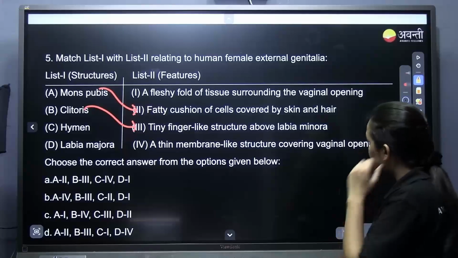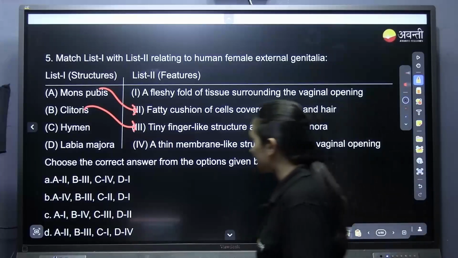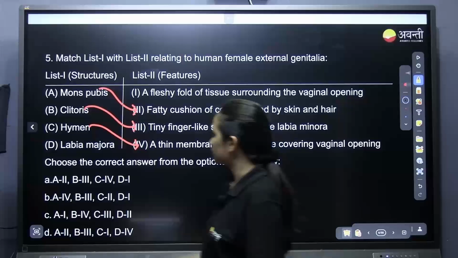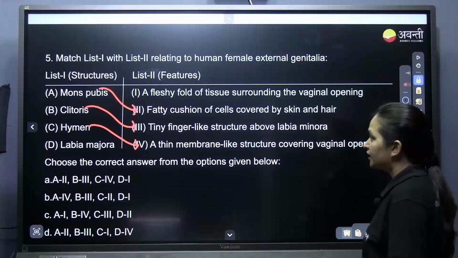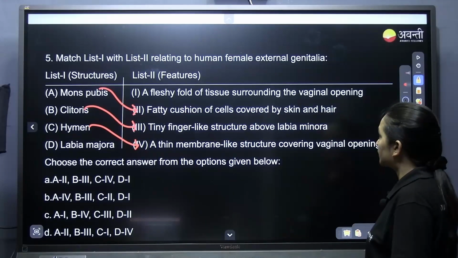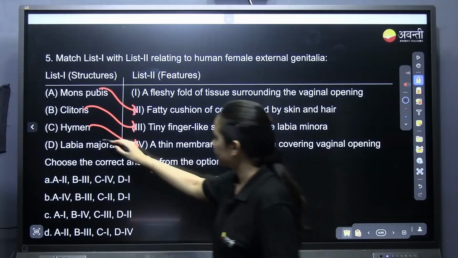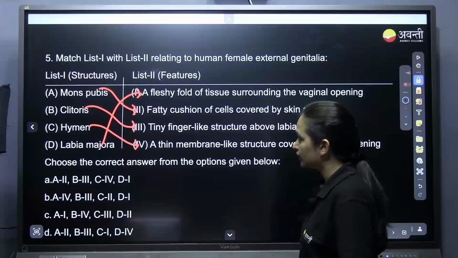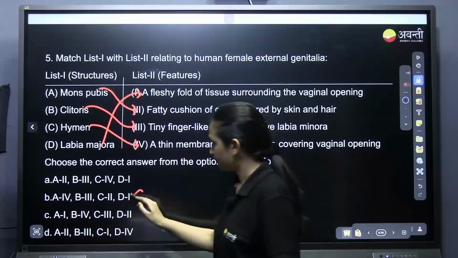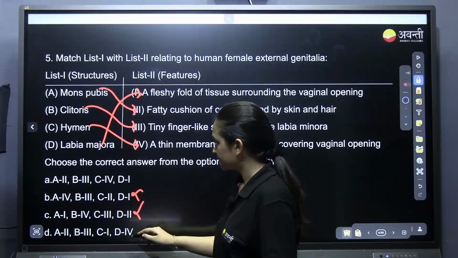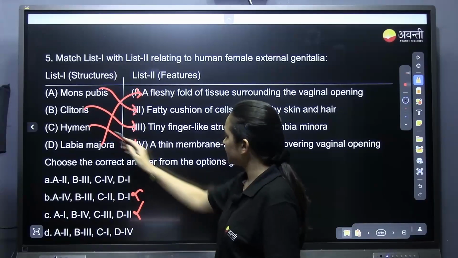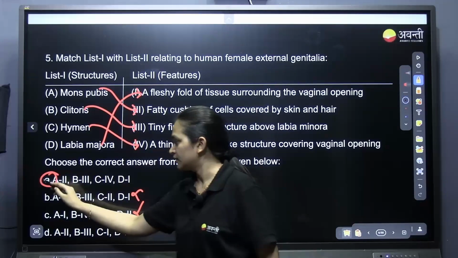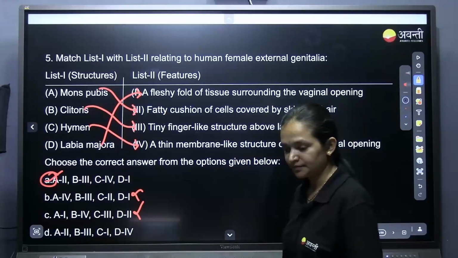Hymen is a thin membrane-like structure covering the vaginal opening. Labia majora is a fleshy fold of tissue surrounding the vaginal opening. So we need to find A2, B3, C4 is the correct answer. Got it?